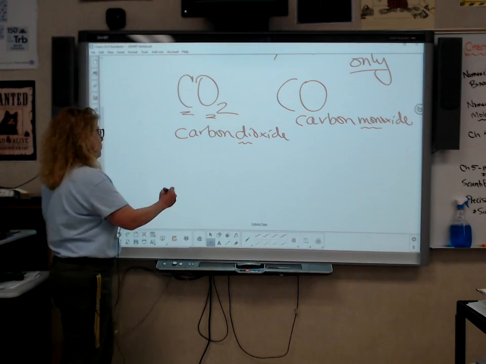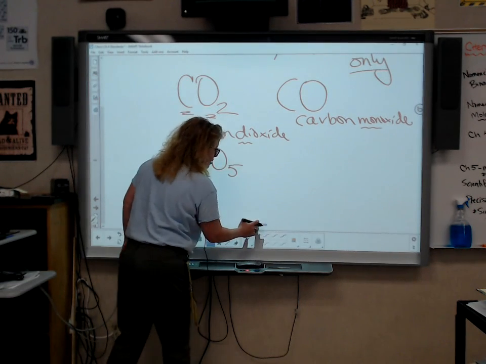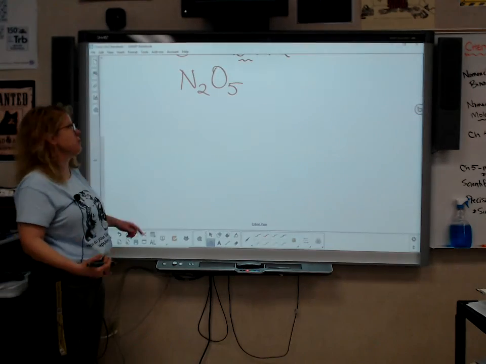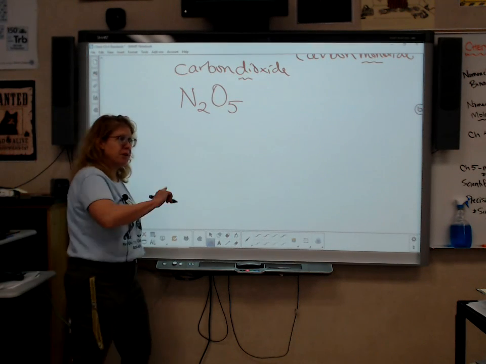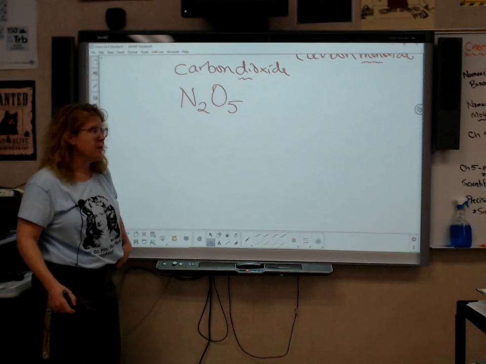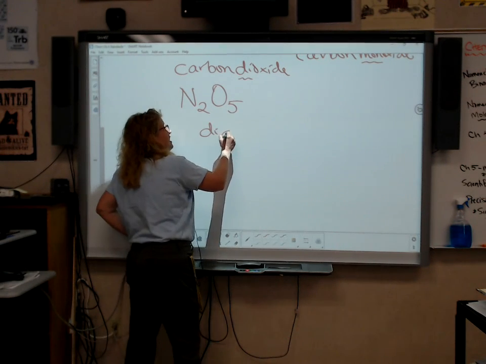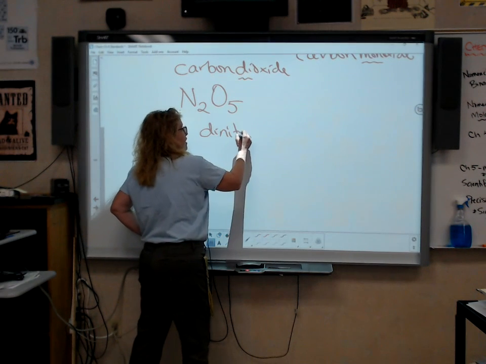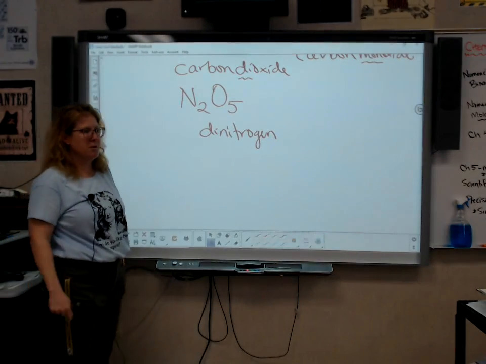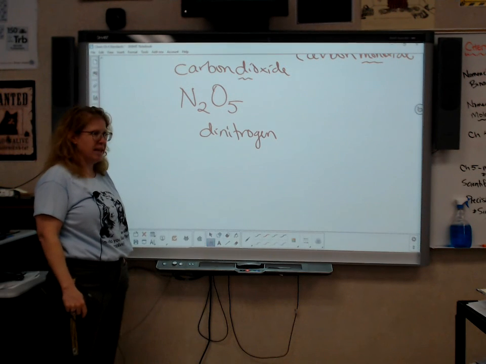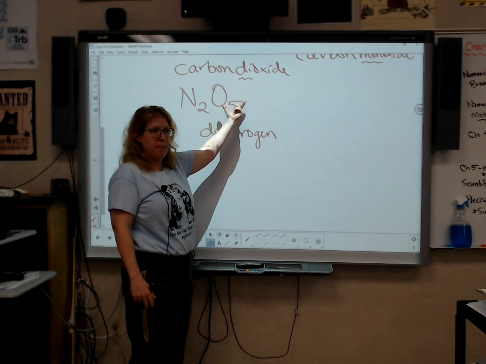So here's an example of one, N2O5. A very common one in chemistry, but it's got kind of a funky name to it. So we know it's nitrogen and oxygen, right? How many nitrogens are there? 2. So it's actually called dinitrogen, just like in dichromate, there are 2 chromiums in there. So dinitrogen. And then how many oxygens are there? 5.